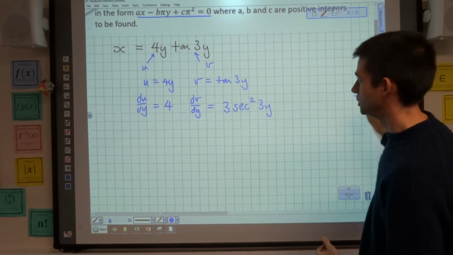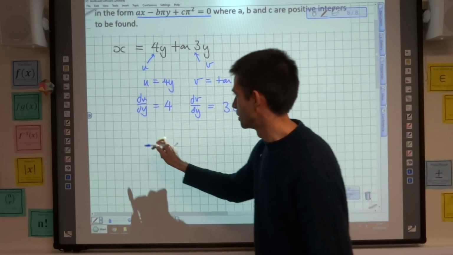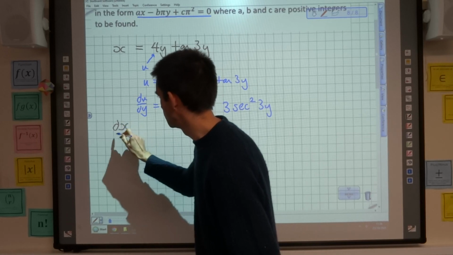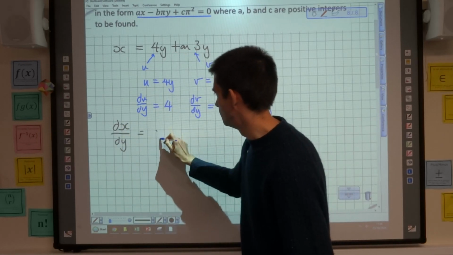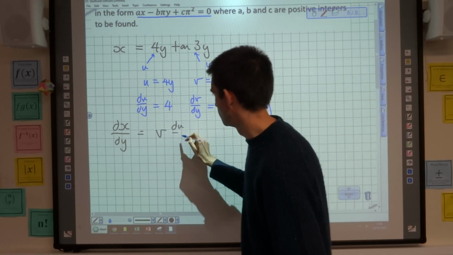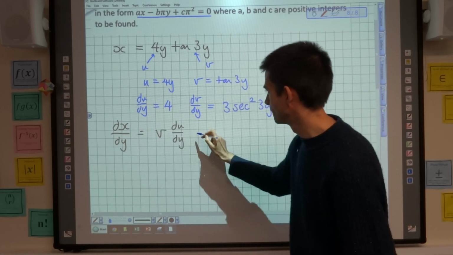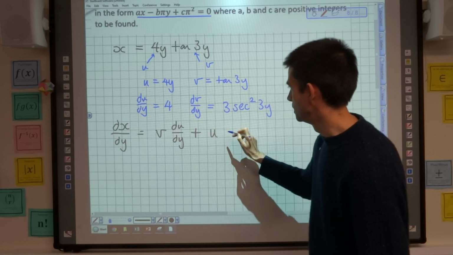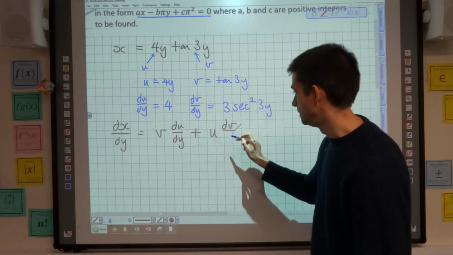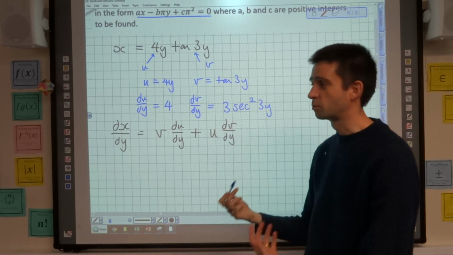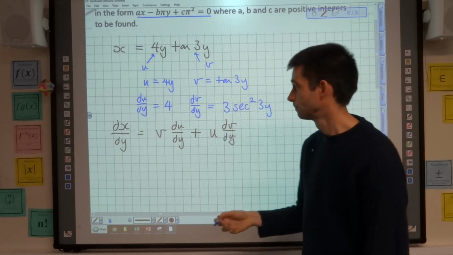Now we're going to use the product rule. We've just got to be a bit careful how we write this because it isn't dy dx, it's dx dy. So it's v, and rather than du dx, it's du dy, plus u, and rather than dv dx, it's dv dy, because all the expressions we're using here are in terms of y.